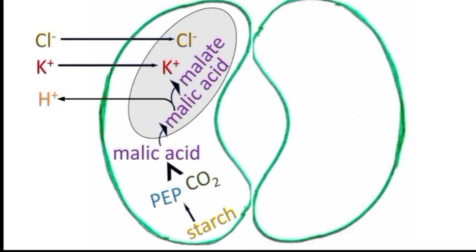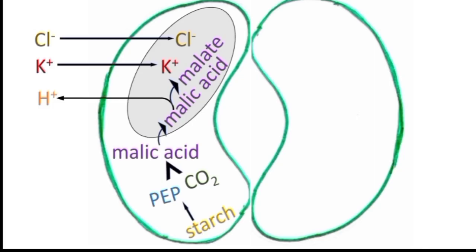Thus in this complete procedure, consumption of CO2 and formation of organic acids takes place, and along with the transport of hydrogen ion to the subsidiary cells, it lowers the pH of guard cells. As the potassium ion enters the guard cell, the water potential of the guard cells decreases, and therefore water enters into the guard cell from the subsidiary cells, and guard cells become turgid and stomata open.